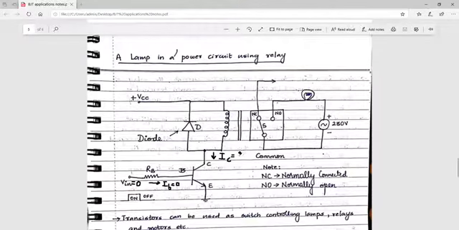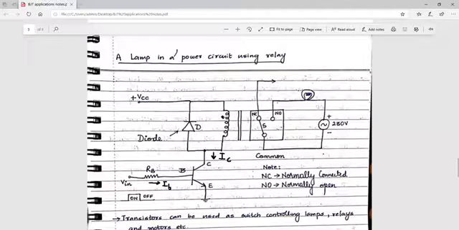Now we'll see the second condition, when you are going to give Vin of some positive voltage. If you give Vin as some positive voltage, IB is present. If IB is present, IC is also present. If IC is present, this coil will get energized.